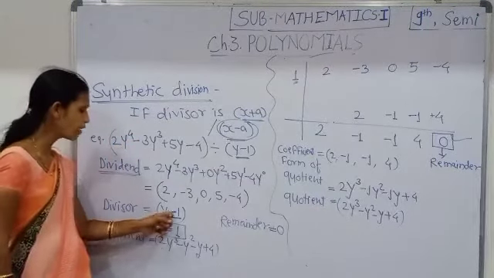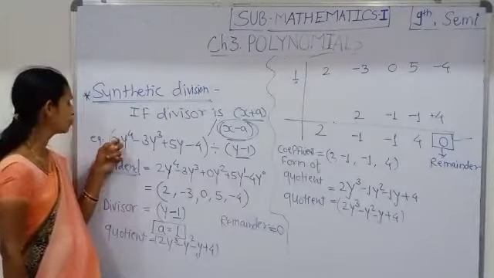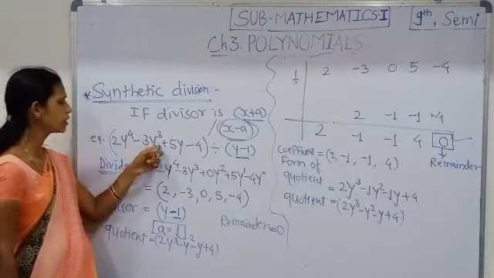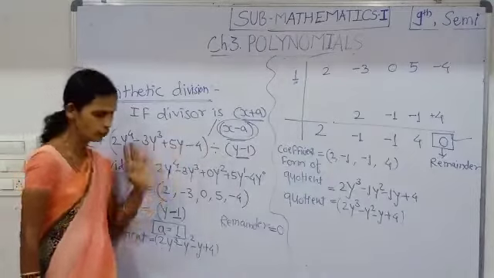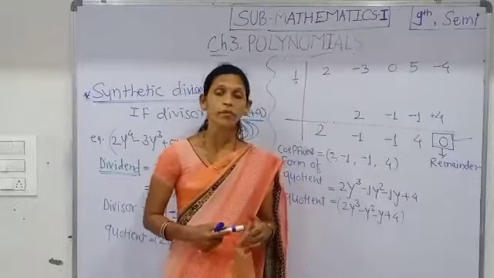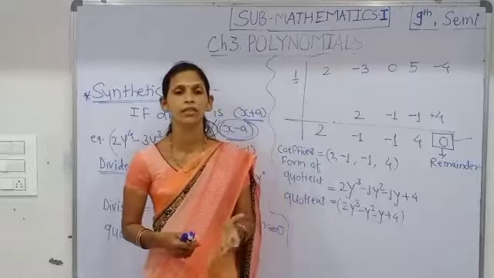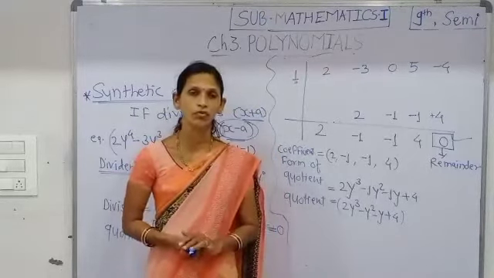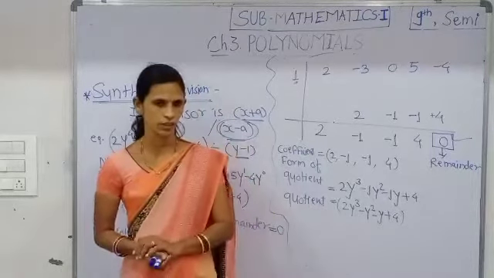That means here y minus 1 is a factor of that polynomial, that is 2y raised to 4 minus 3y cube plus 5y minus 4. That is the synthetic division method of solving examples of division of polynomials.